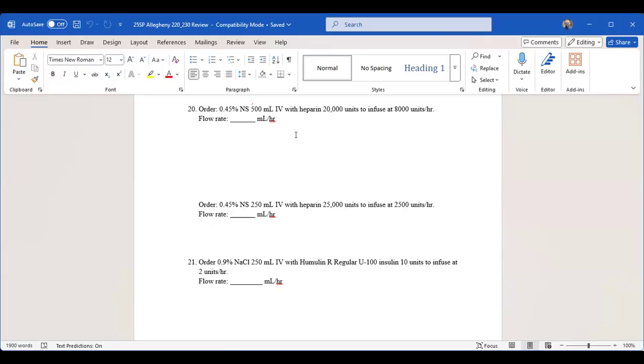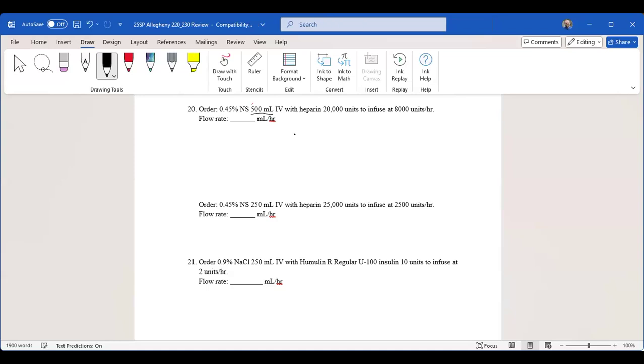I like to start with these just because they're a little bit new and a little bit nuanced, and it's about manipulating the units and the information to get you started. This question, number 20, says that we have a 500 milliliter IV of heparin, and there's 20,000 units of that heparin in the IV.